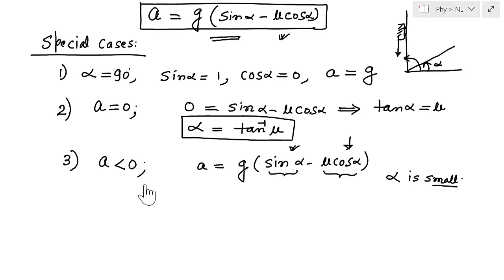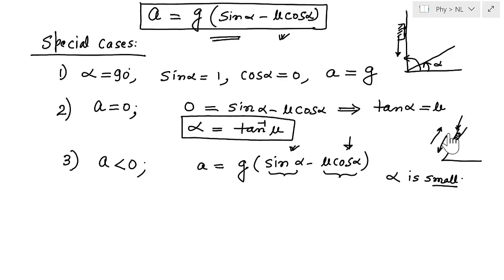What does this mean? Negative acceleration means this is the inclined surface and this is your toboggan, and even if you push this toboggan with some velocity, it will go in the downward direction, but the acceleration is negative. This means acceleration is in the upward direction.